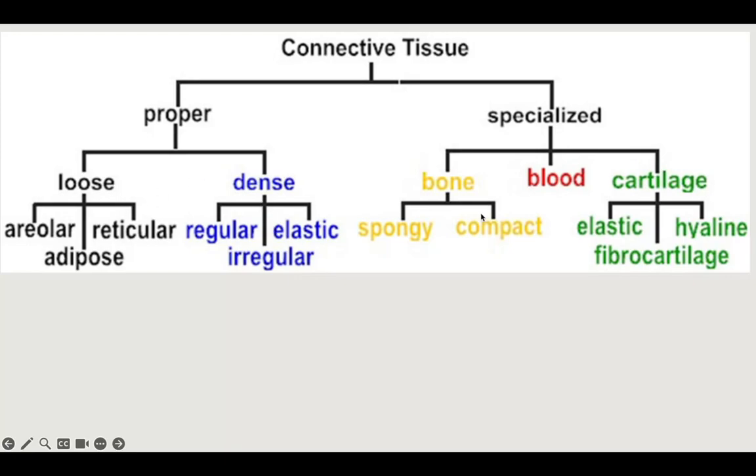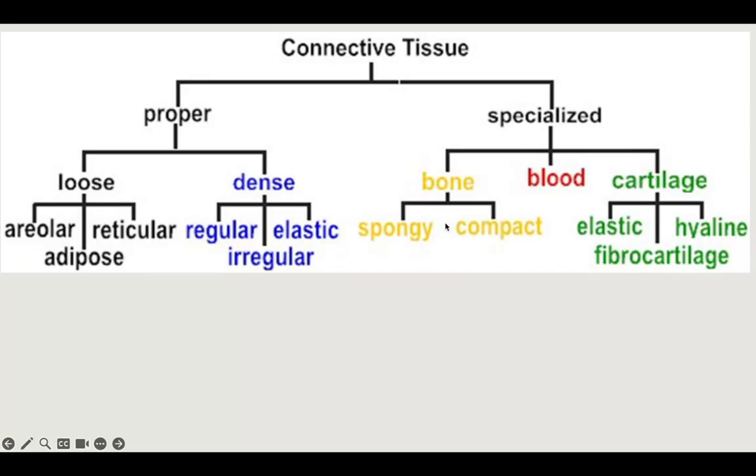Okay, in the specialized connective tissue, we have two groupings. We have supporting connective tissue and liquid connective tissue. These terms are not listed on this bracket. However, cartilage and bone are considered supporting connective tissue. Blood is considered liquid connective tissue.